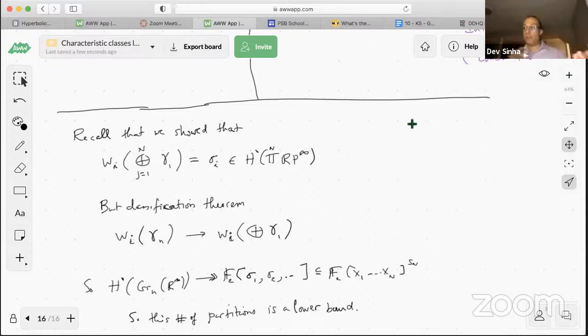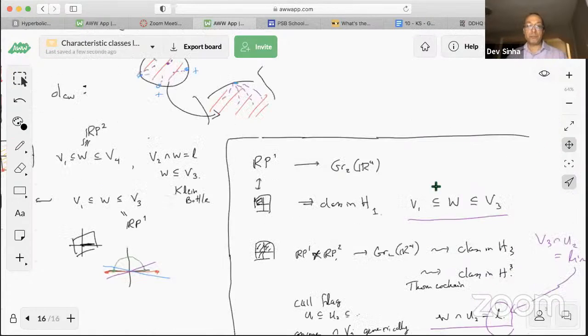All of these, you see partitions, and it's essentially the same block picture, because this now gives a lower bound. The existence of a cell structure gives an upper bound. When they agree, of course, the cellular chain complex had to have no differential. So that is the third proof.